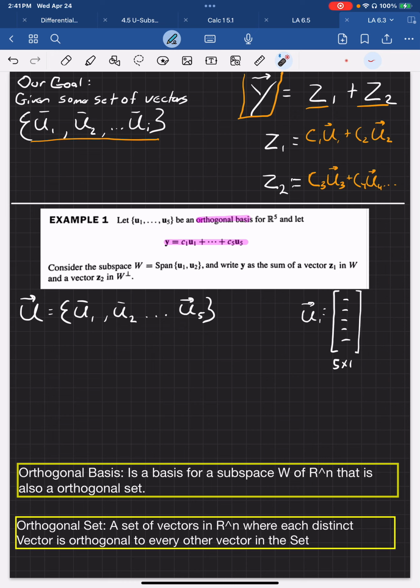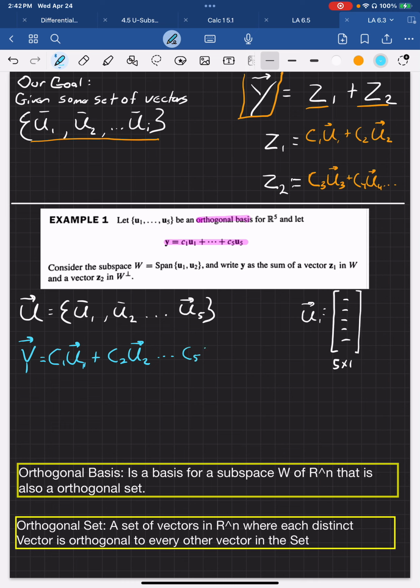Now, in this case, Y is some fifth dimensional vector, some fifth dimensional point that can be written as a linear combination of the vectors in U. All right, let's get back to the question.